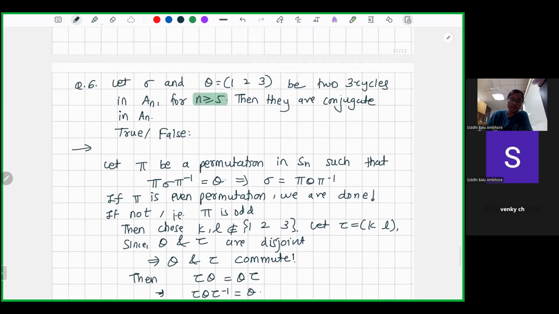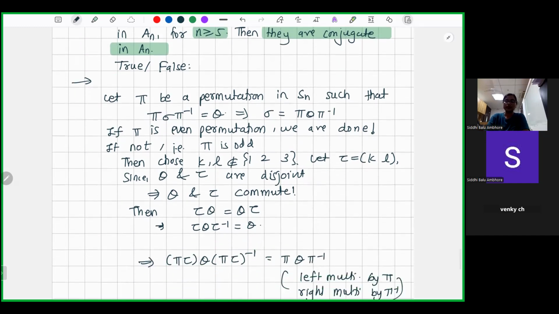So the question was that if they are conjugate, then they are conjugate in AN. We anyway know that, as we proved in the lecture, any two cycles of the same cycle type are conjugate in SN. Here, what we said is that two 3-cycles are conjugate of each other in AN. And when I say that, I need to produce an element such that it conjugates theta and sigma.